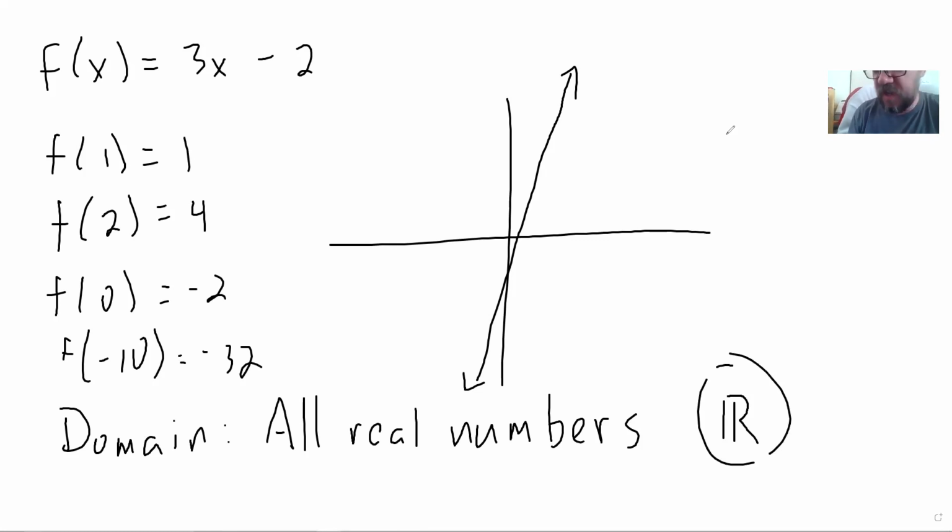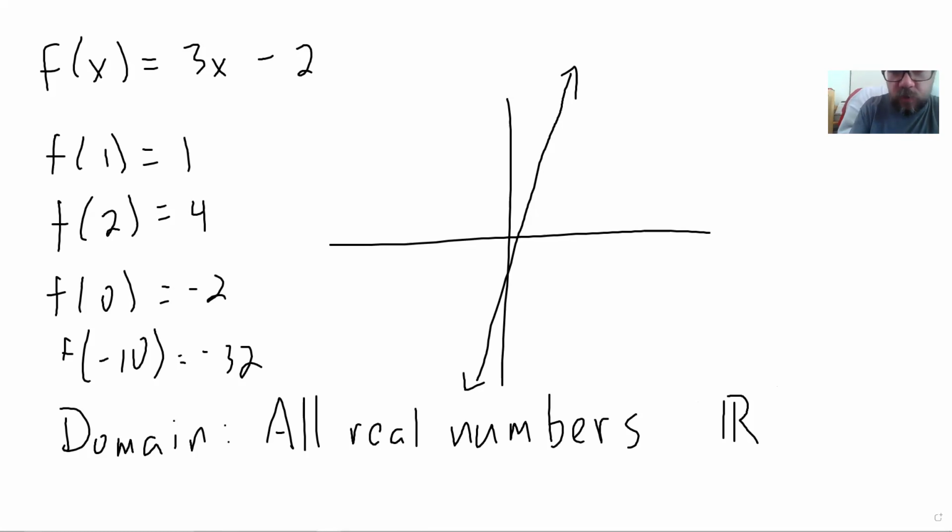This font right here is called Blackboard Bold, I believe, where you just put an extra vertical bar on the R. There are other letters in this. You can do the same thing with C or Q. Those are also common ones that you'll see if you go a little farther in math. But for right now, we're just going to worry about R.